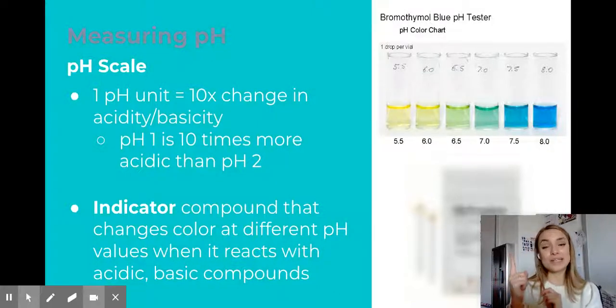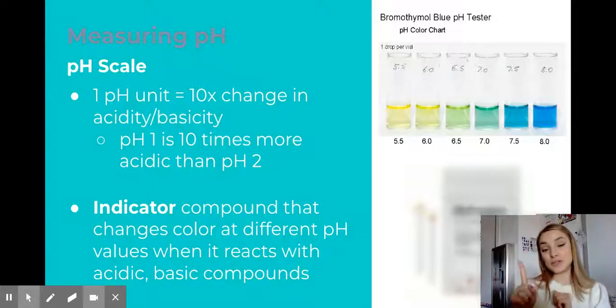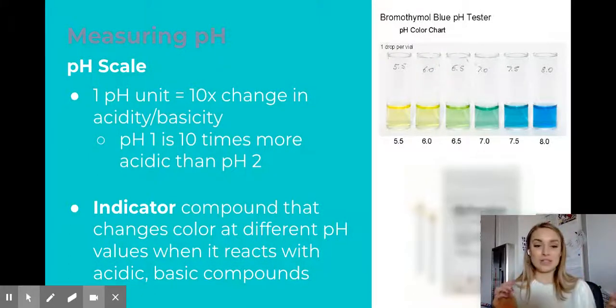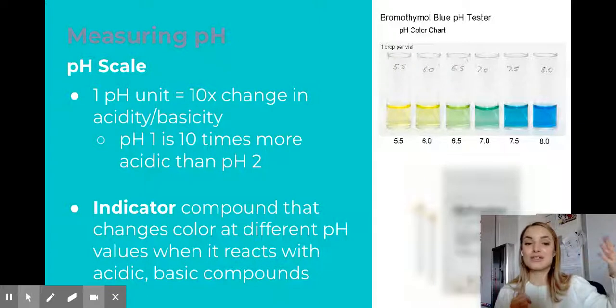So remember, 1 is more acidic than 2 on the pH scale. So a pH of 1 is 10 times more acidic than a pH of 2. And a pH of 2 is 10 times more acidic than a pH of 3. And so on and so forth. A pH of 13 is 10 times less basic than a pH of 14.